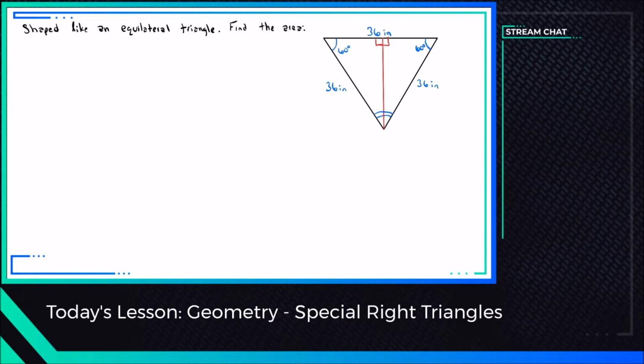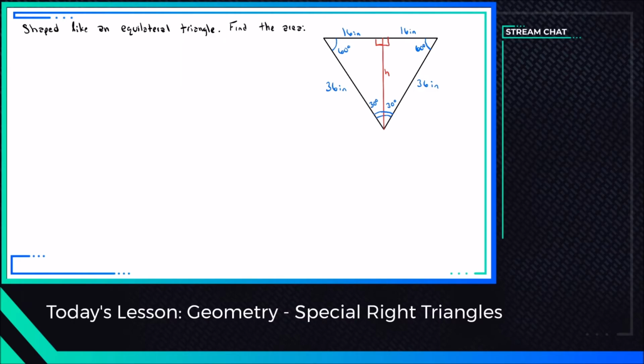So if you split an equilateral triangle in half, you get two 30, 60, 90 congruent right triangles. And so now we can label this longer leg here equal to h. We're going to get rid of this 36 here and split it up between the two. So we're going to have 16 inches on the left, 16 inches on the right.